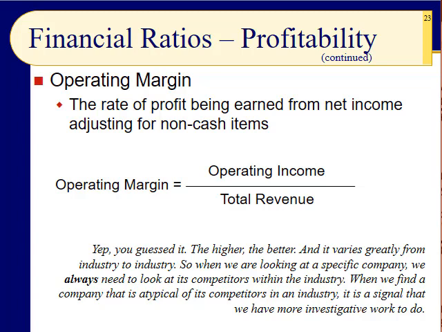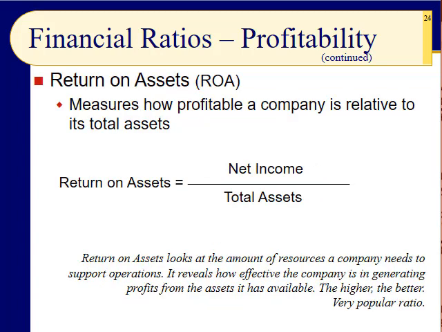Cool. Okay, so those were the net profit margin, gross margin, operating margin. Now let's look at a couple of measures that are not looking at the total sales, but instead looking at the assets and the equity, the return on assets, the return on equity. The return on assets measures how profitable a company is relative to its total assets.